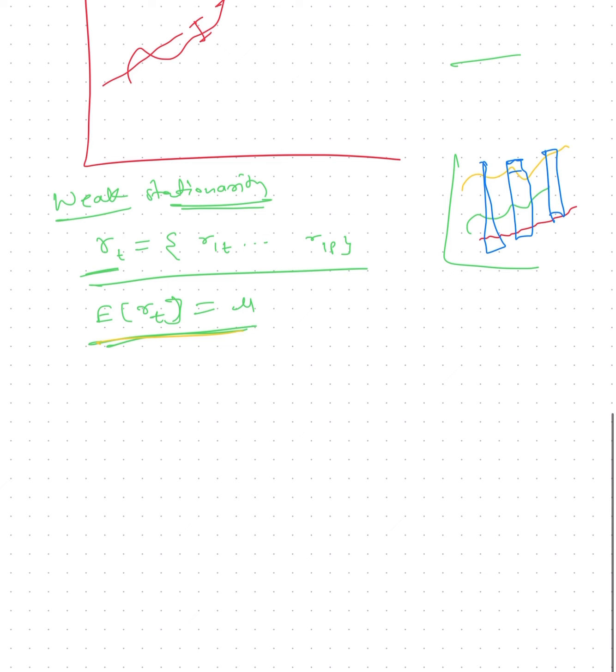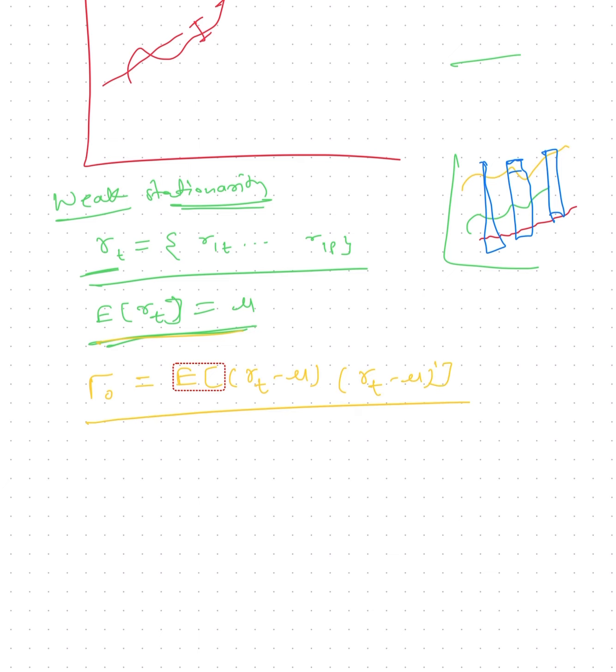So that's what our mean is. And we also have our covariance matrix, which we define in our multivariate setting. It is denoted by gamma 0, and it's defined as the expectation of (r_t minus mu) times (r_t minus mu) transpose.